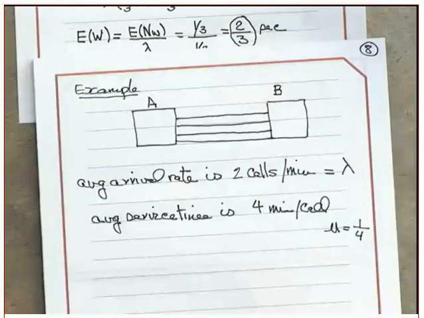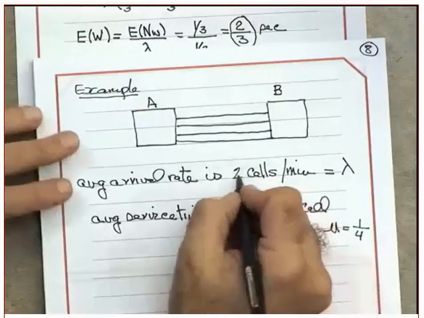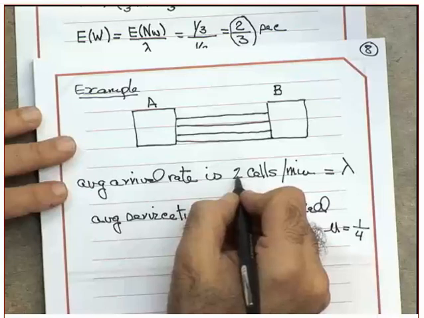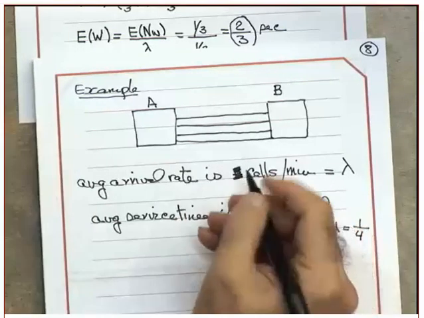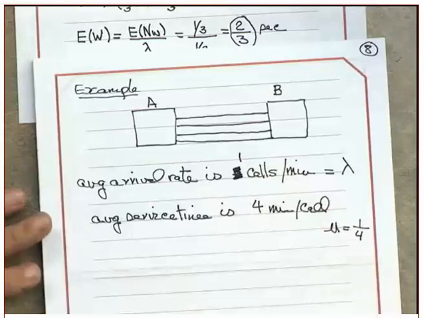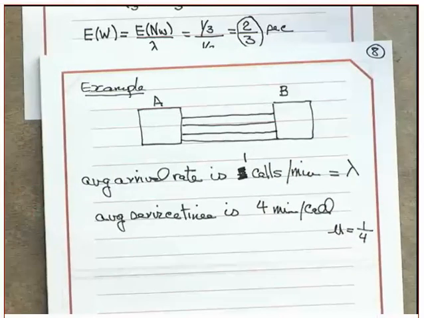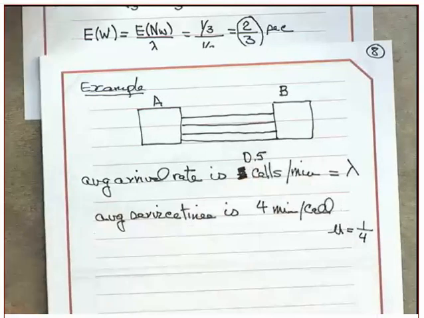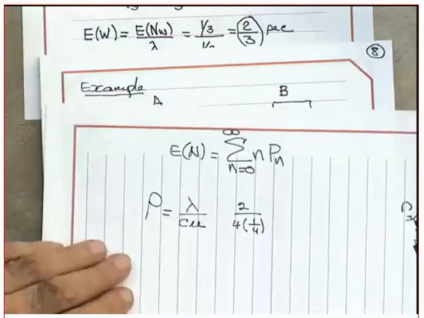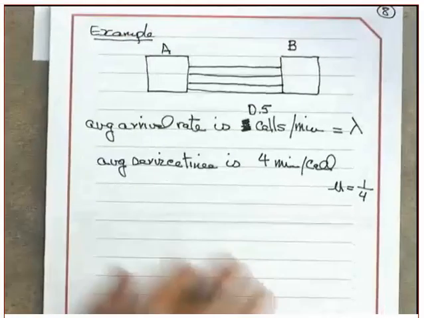Too large? So what do I do? 0.5. Is it now okay? Okay, good. 0.5 calls per minute.